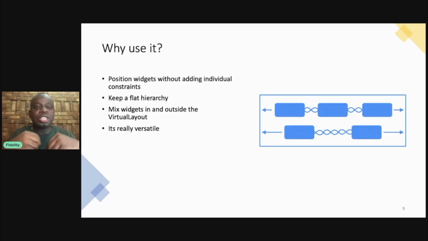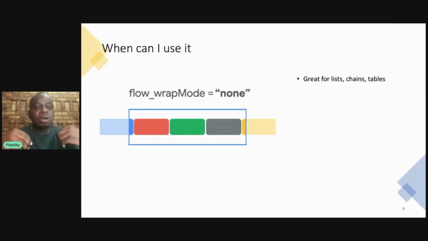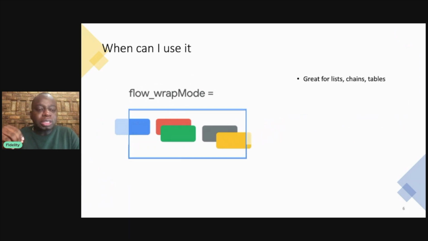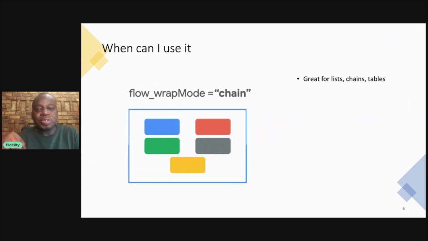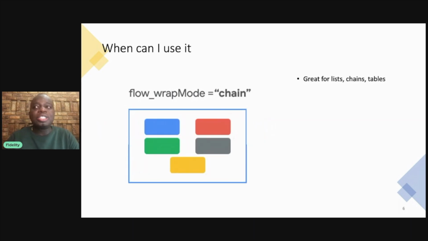And I use it a lot because it's really, really versatile. I almost use it now on every layout that I make. So when can I use it? As I mentioned just before, the versatility is really great for me when you're making lists, and not the type of recycler view lists, but lists where you've got all the elements hard-coded and you just want to lay them out on your screen.